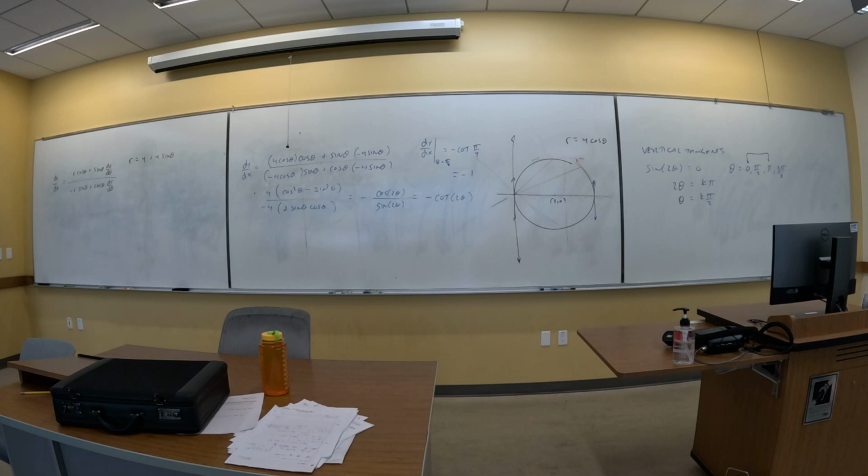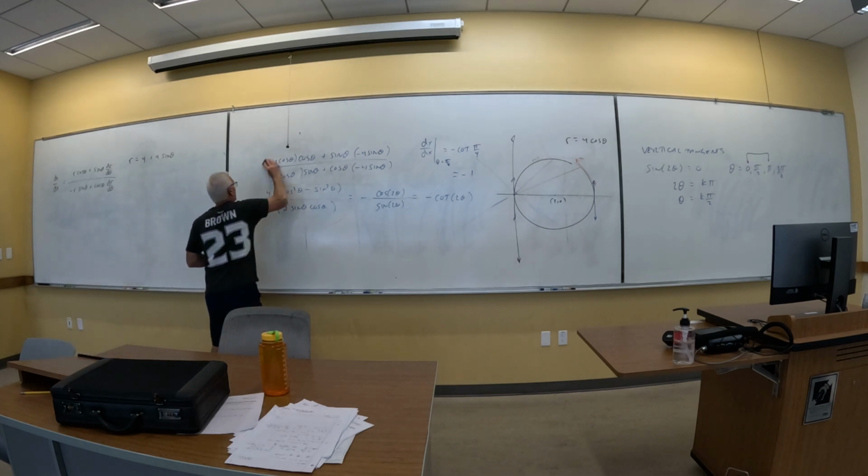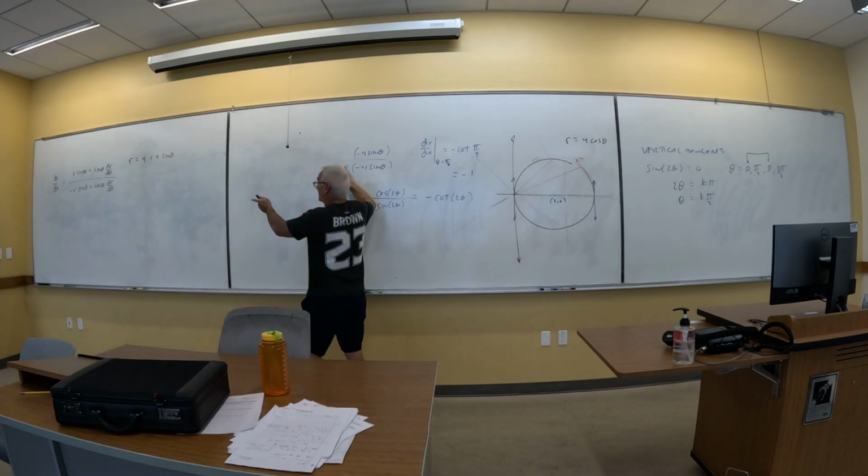That'd be nightmarish. Then I want to be able to find the slope of tangent lines at various values of theta, like we just did with the circle. And then lastly, I'd like to figure out where the horizontal and vertical tangents are in general. Okay, that's more work because that means I have to solve something. If I just give you values of theta to plug in, there's no solving. Right? You're just sticking them into a formula and cranking them out. That's the easy part. So what should I do first, you think? Look at the formula for the derivative.